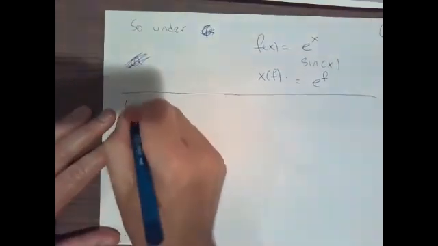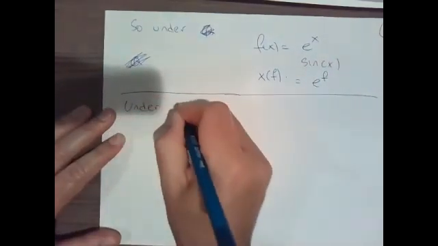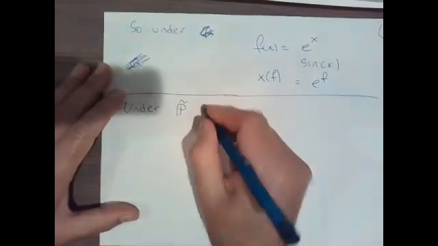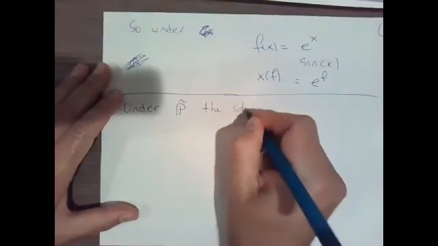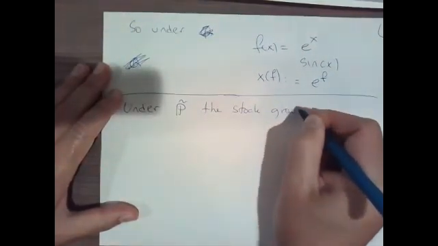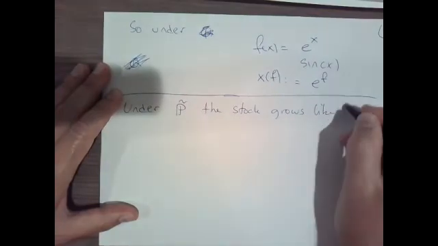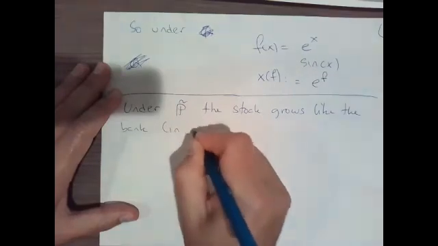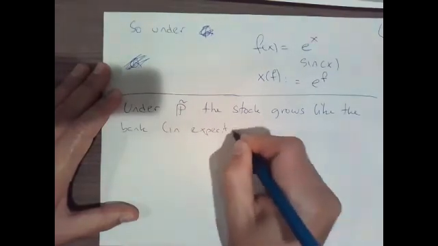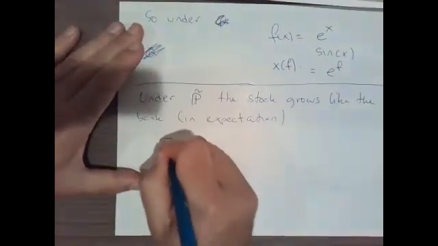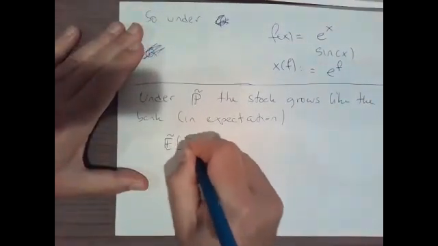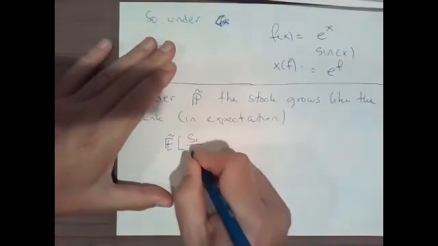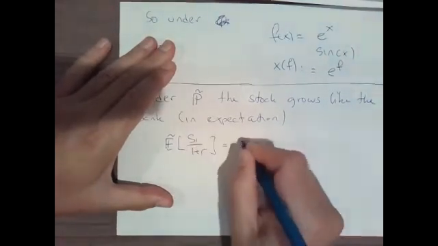Right, so under this measure P tilde, the stock grows like the bank. So this is an expectation, right? Why is that? Well, because I have E tilde of S1 divided by 1 plus R. This gave me S0.